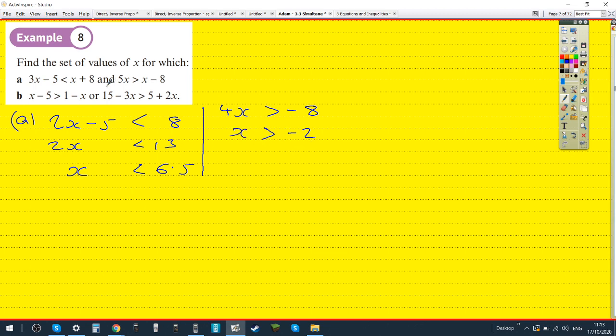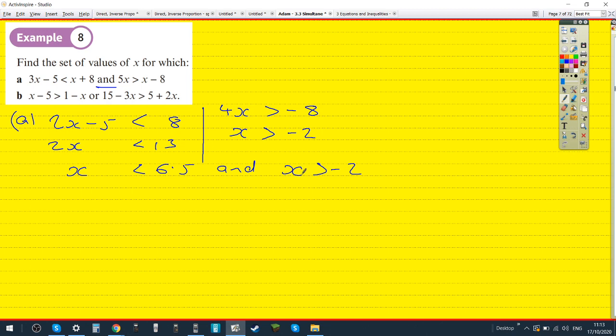And what do we do about this? X is less than 6.5 and x is greater than minus 2. So we write it out as one inequality. How would you do that? Would that be the first one?